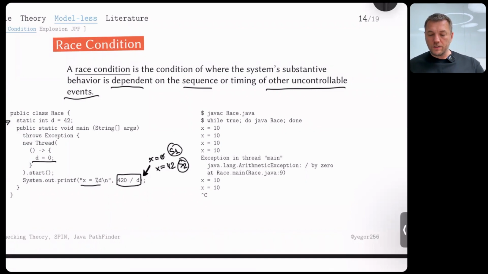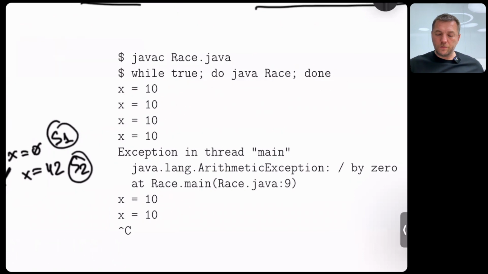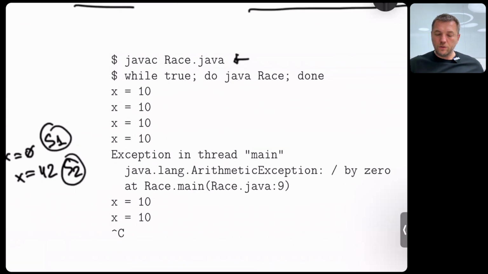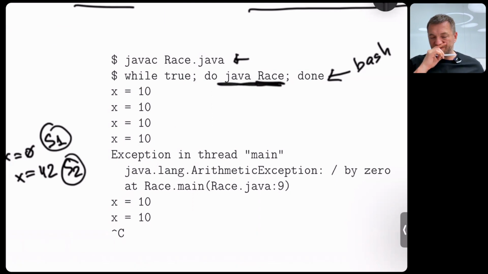And if I run this code, look, I compile it first, and then I do while true, this is a bash command. I do while true, do java Race, and done. Java Race starts a Java virtual machine, and I give it this class file Race, which runs. And look what's happening.